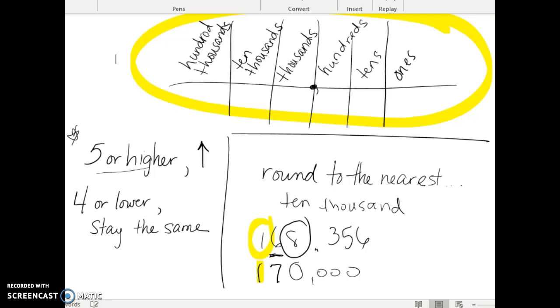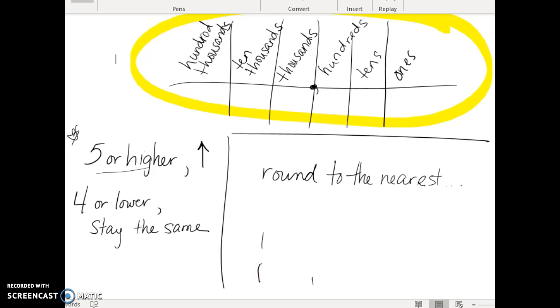Alright? So 168,356 rounds to 170,000. We'll try a couple of problems together. Okay? Let me just erase this, and we're going to take a look at the next problem.